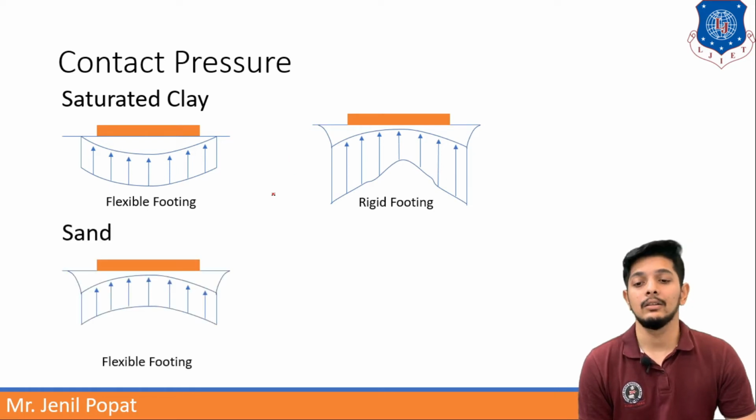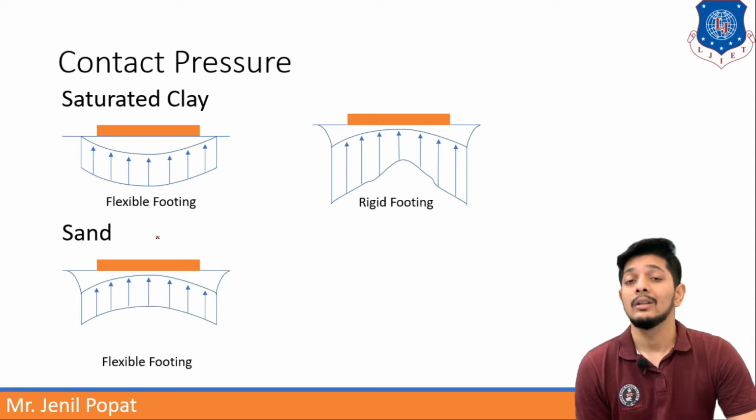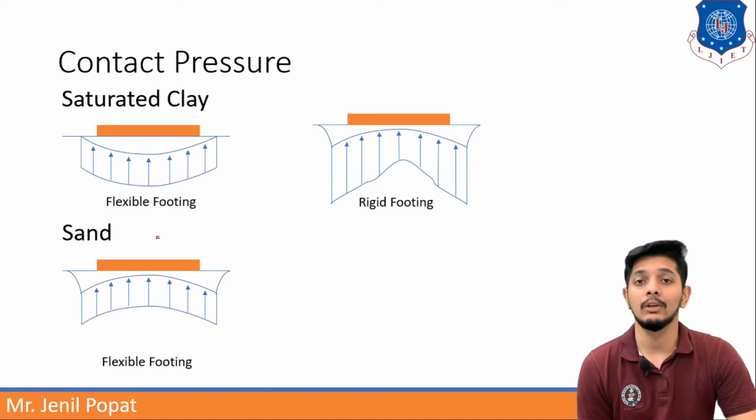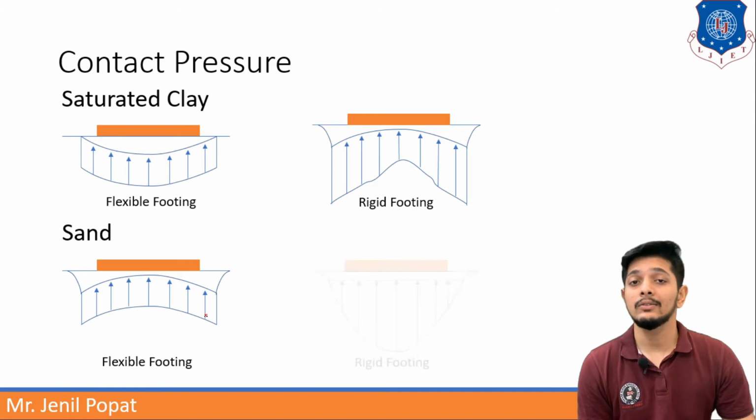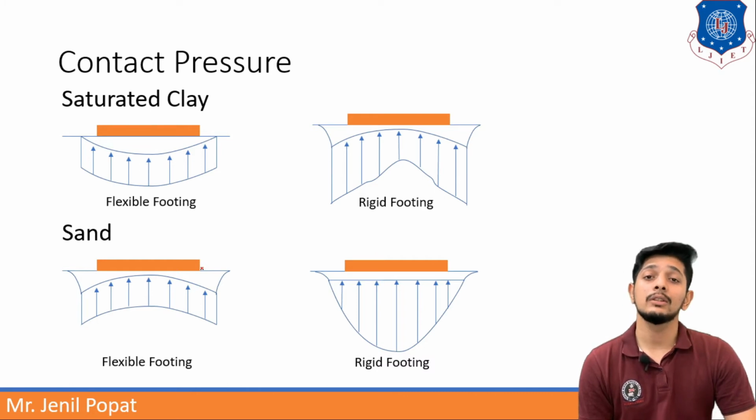In the case of a flexible footing lying on sand under uniform loading, the displacement or settlement will be maximum at the edges and minimum in the center. Vice versa, in the case of a rigid footing on sand under uniform loading, it will behave like a bowl-shaped settlement with the maximum point in the center. So this is the behavioral theory of contact pressure.